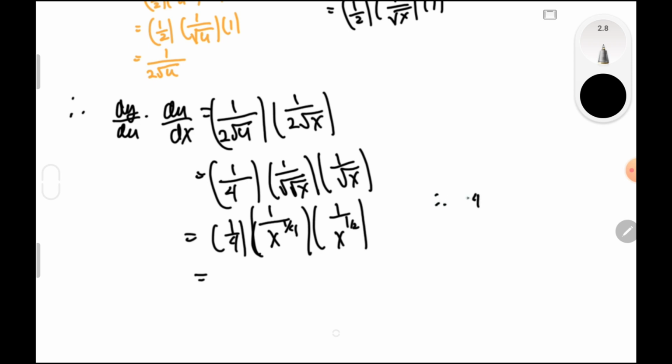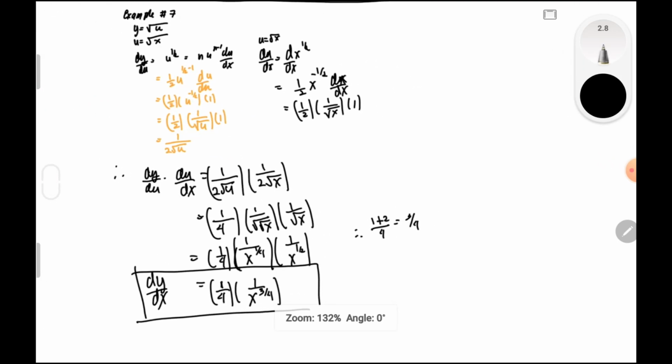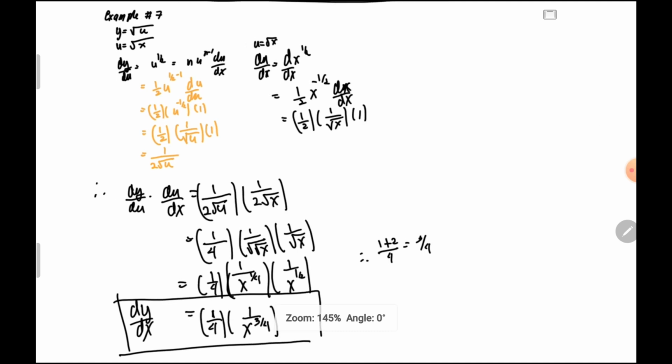We have 4, 1 plus 2, so we have 3/4. So we have 1/4 multiplied by 1 over x raised to 3 over 4, which is equal to dy over dx. Okay, that is our example number 7.